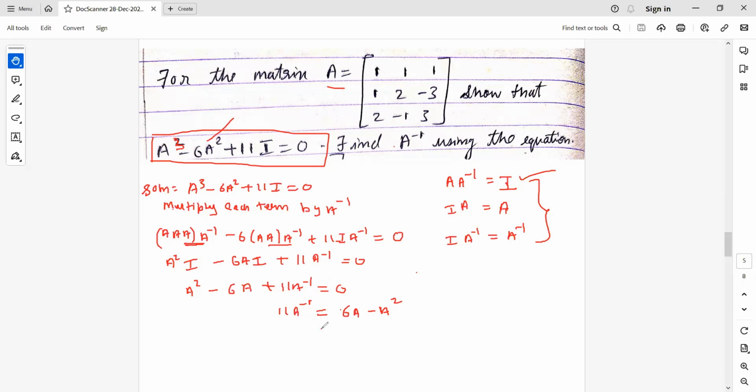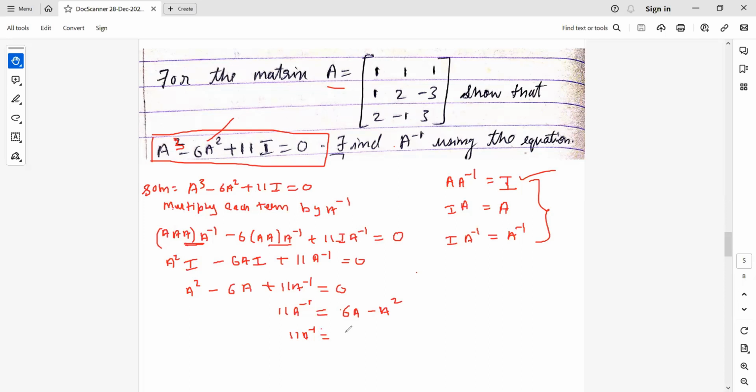So when we substitute this, 11A inverse will be equal to 6 into A minus A square.